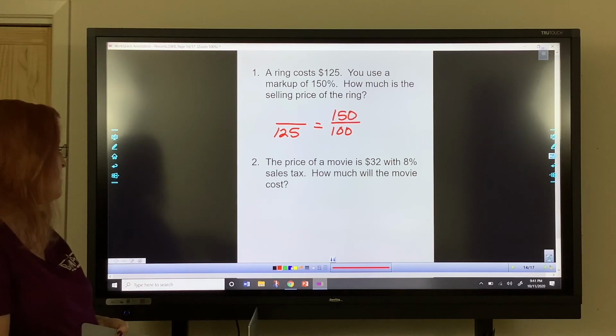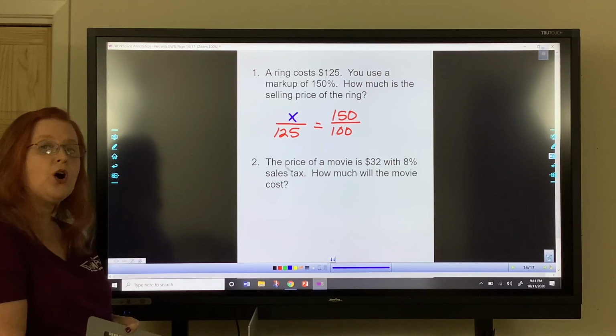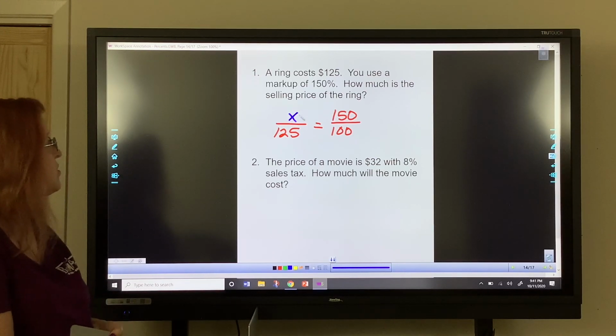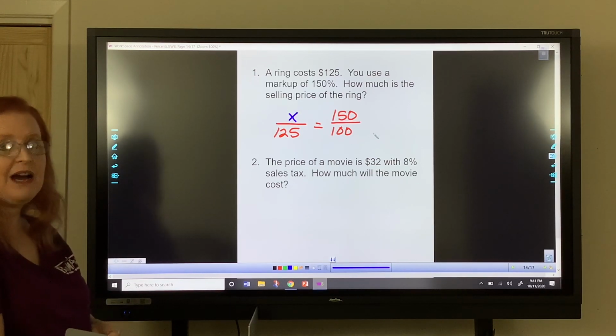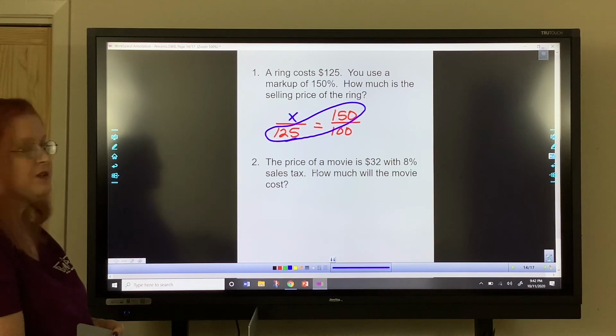And so then your is what you're looking for, or your part is what you're looking for. What is the cost? And it has to be higher than what I was doing. So now I'm going to multiply 125 times 150, and then I'm going to divide by 100.